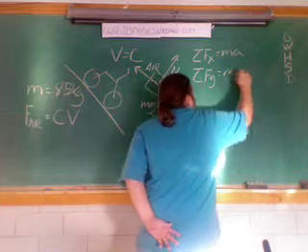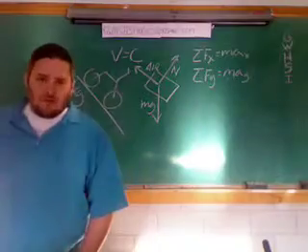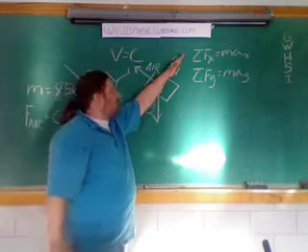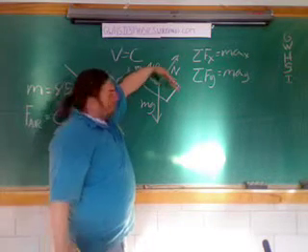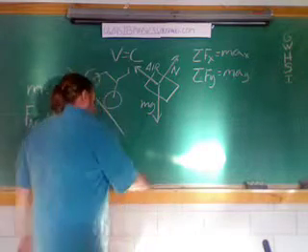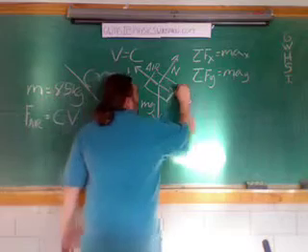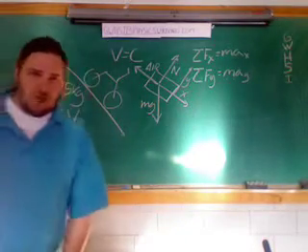Because I have two vectors already perpendicular to each other, the best way to describe my coordinate system is to say this way is the x, and this way is the y.